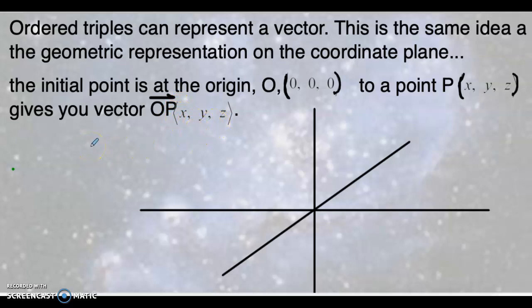And remember, we found vectors by taking the terminal minus initial. Remember, that's terminal minus initial for all of our points for X, for Y, and now we're going to do that for Z. And those are going to give us the X, Y, Z components of our vector.